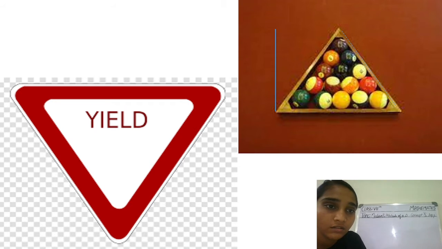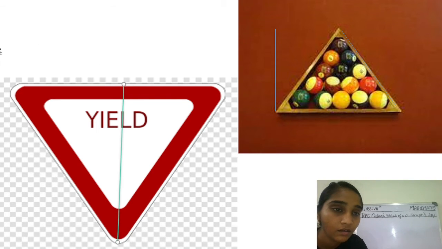Very good, students. So what about this board? If I take it as a sharp triangle, its height will be, from this vertex I will draw a perpendicular line like this, exactly perpendicular to the opposite side, and I will get the height of this triangle.